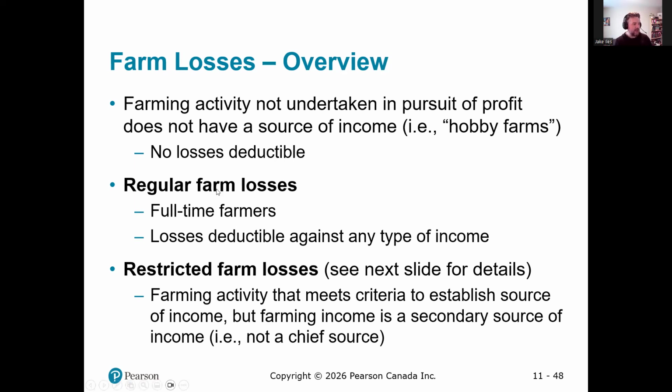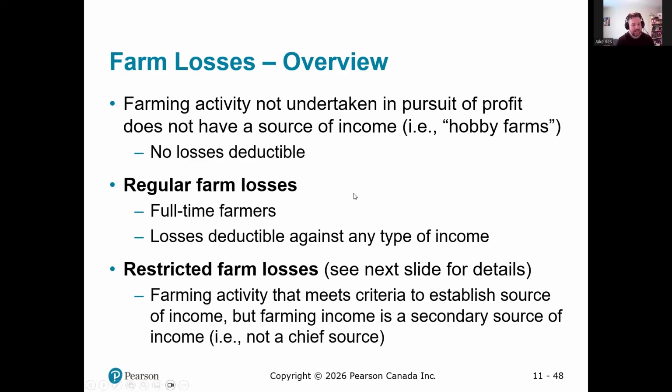Just to finish the slide, regular farm losses for full-time farmers, loss is deductible against any type of income. And then restricted farm losses, farming activity that meets criteria to establish source of income, but farming income is a secondary source.